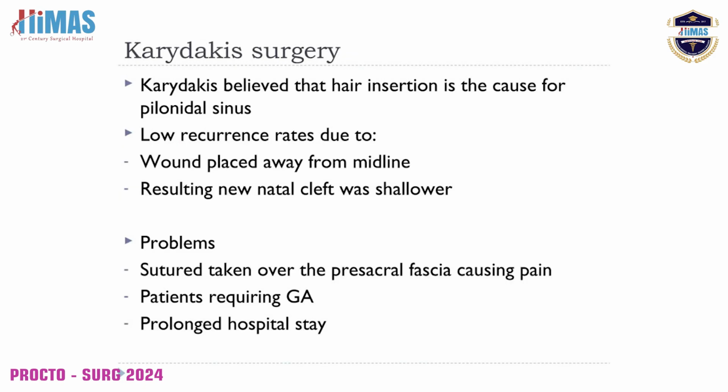So Karidakis surgery mainly believes in getting the closure from the midline to the lateral. The excision is done and the closure is made as a flap which is placed on the lateral side.